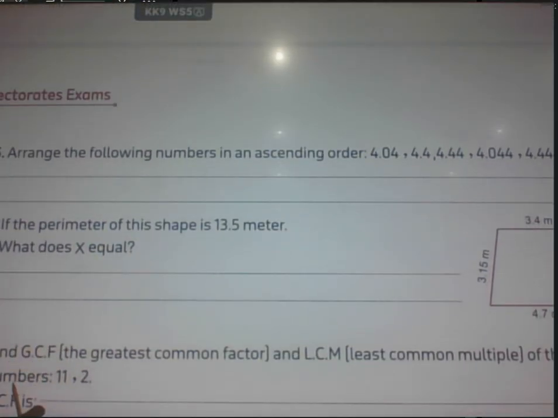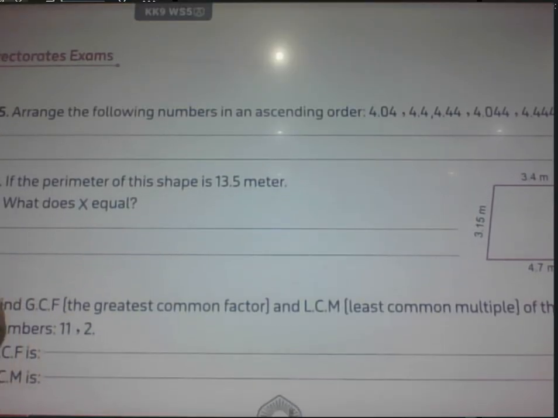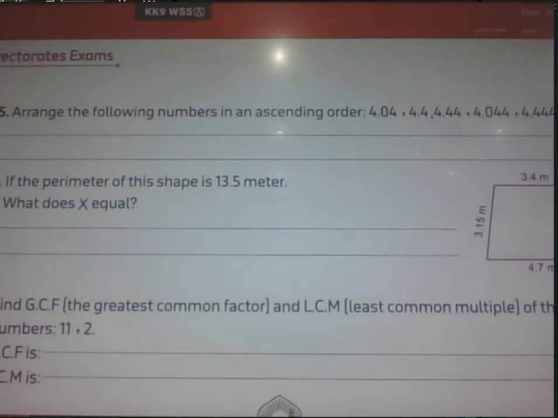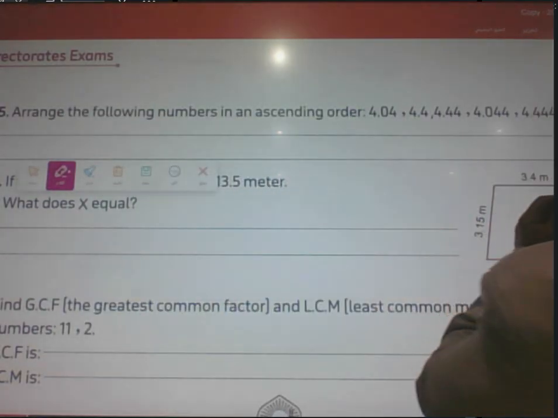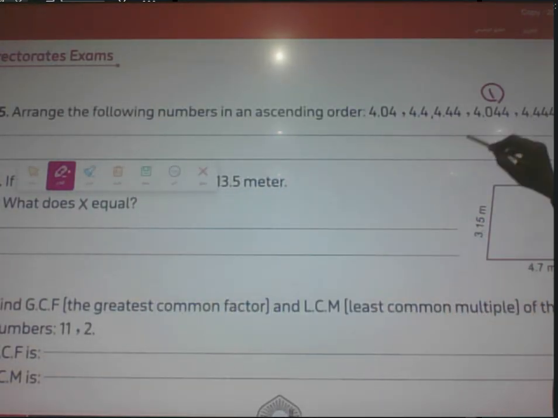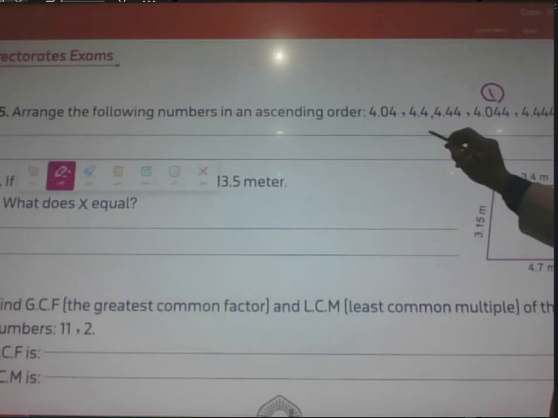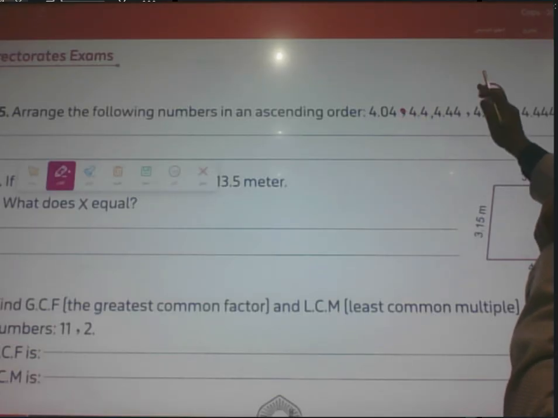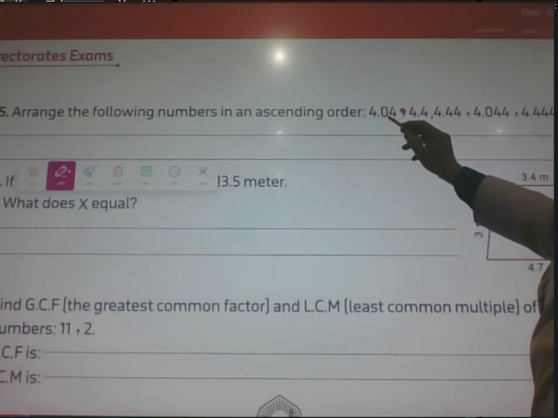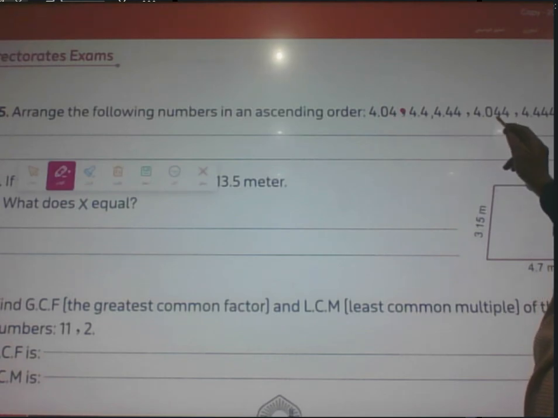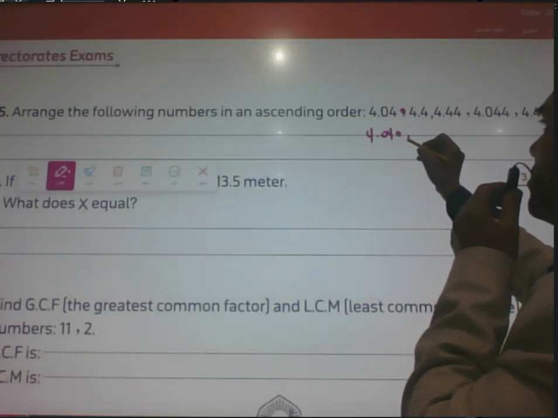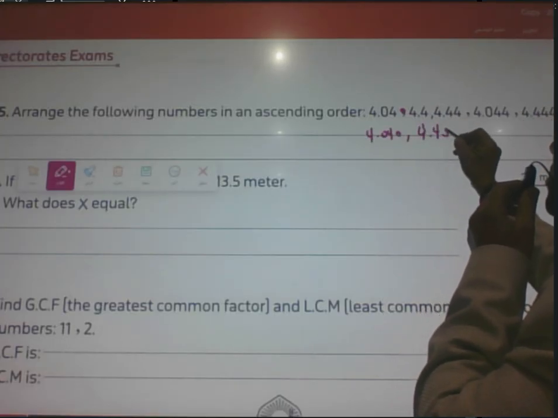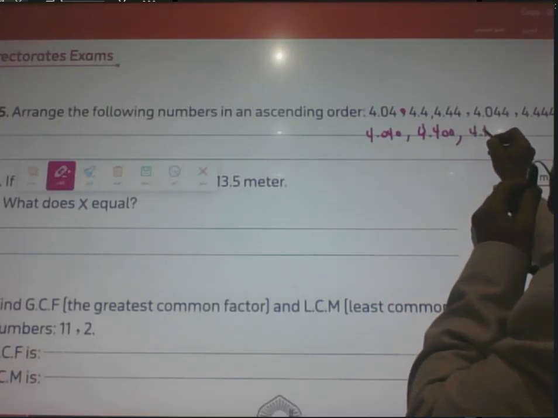Next question, number 5. Arrange the following numbers in ascending order from smallest to greatest. We must put 0 here to make the numbers equivalent: 4.040, 4.044, 4.004, and 4.400.